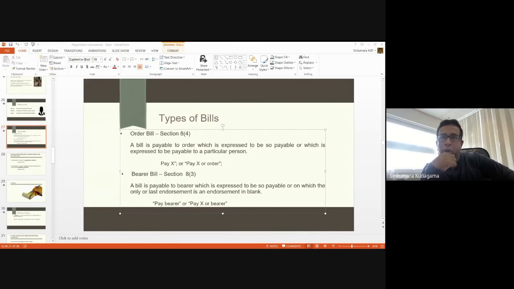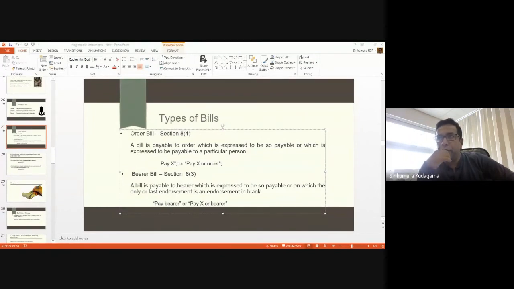Now, anyone who gets a bill while it is a bearer bill, because there is a blank endorsement, can endorse it again, giving a name or not giving a name. I mean, endorsement can be done to a particular endorsee or without a particular endorsee. Again, blank.